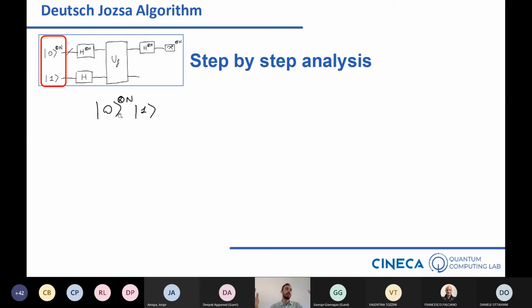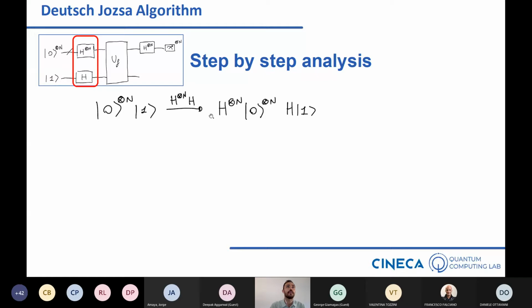They are 0, 0, 0, 0, n times, that you can write in this way, and on the second register there is a 1. Then you apply H tensor n to the first register and H to the second one. And this is what you want to do.